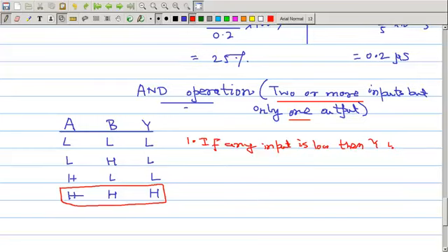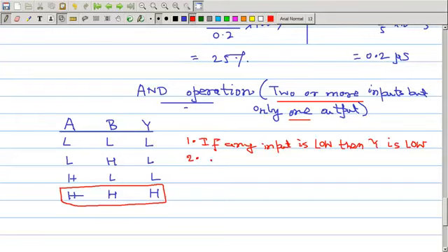Capital Y means the output. And this low, as I have already said, I should always write in capital. If any input is low, then capital Y is low. This is the first observation.